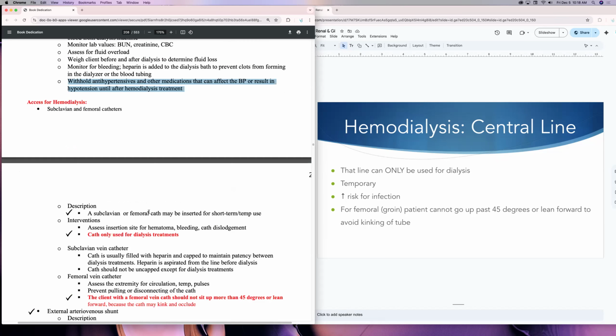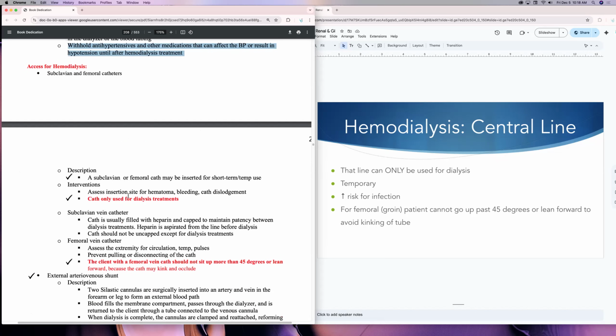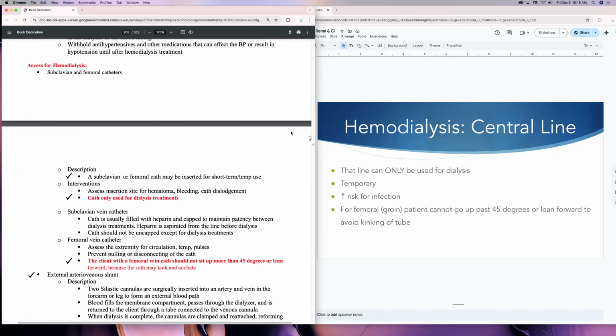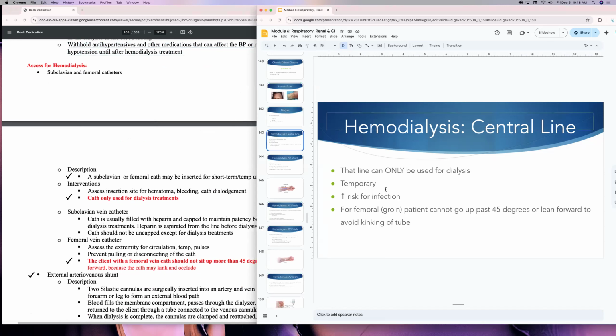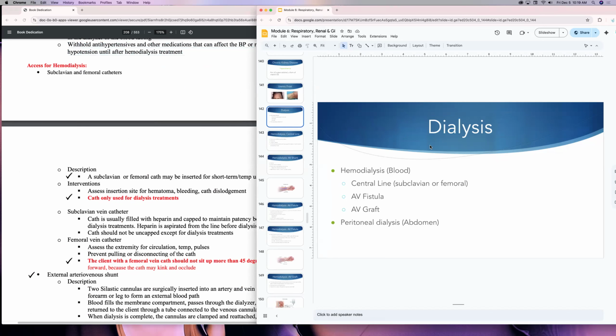Next, we're going to talk about access for hemodialysis. I want to bring your attention here to the PowerPoint slide. So there are 2 main types of dialysis: hemodialysis, where we're using the blood, and peritoneal dialysis, where we're using the abdomen.